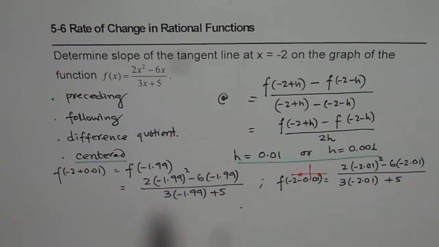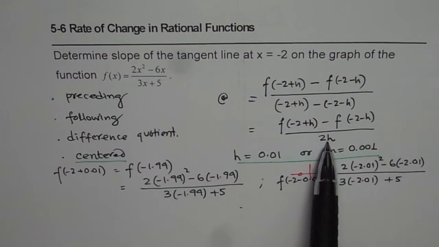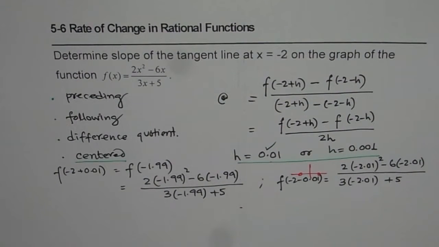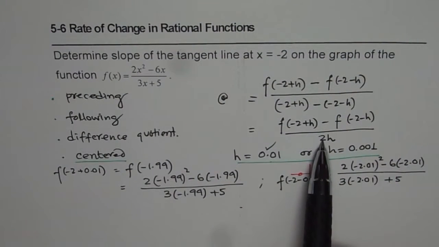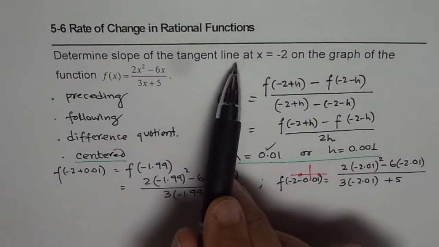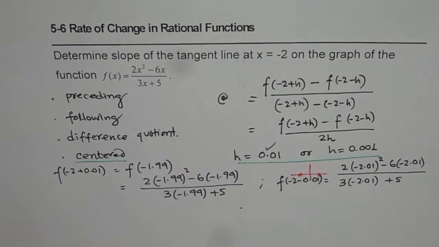Once you get these two values, substitute there and divide by 2h, where h is 0.01. Don't forget the 2, and then you get your instantaneous rate of change, and that will be the slope of the tangent line at x equals minus 2 on the graph of the function.